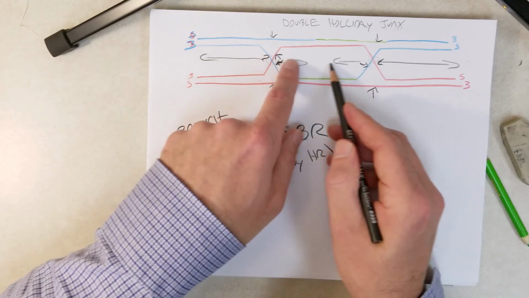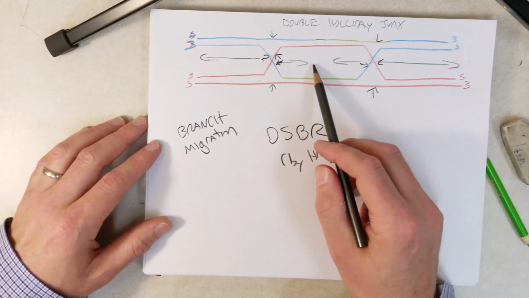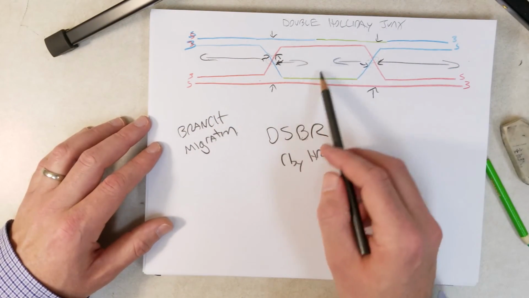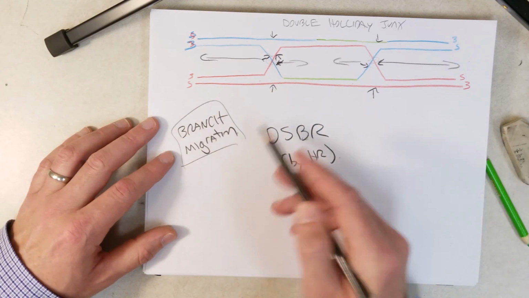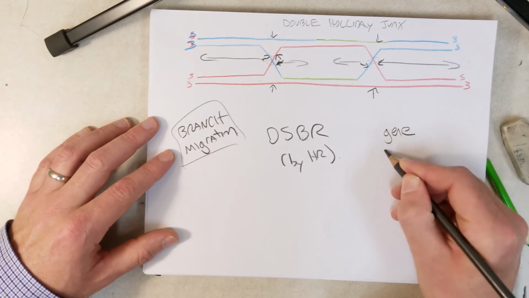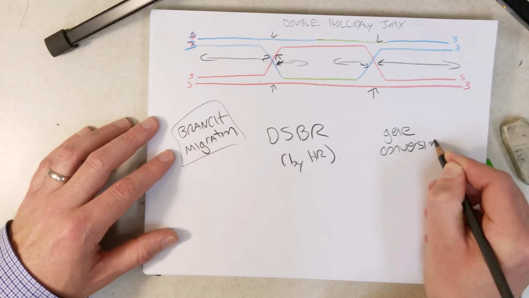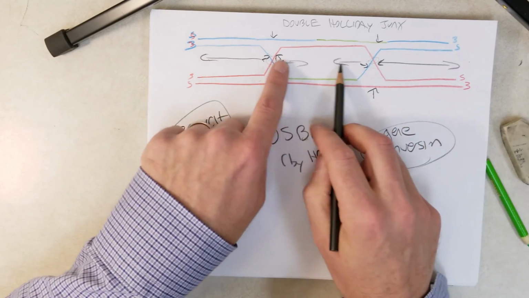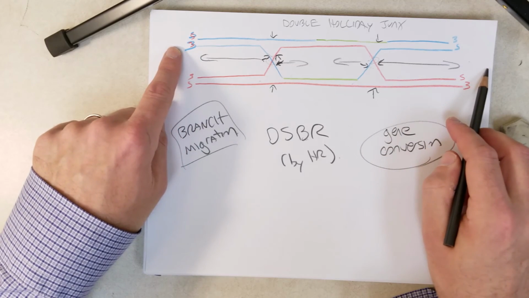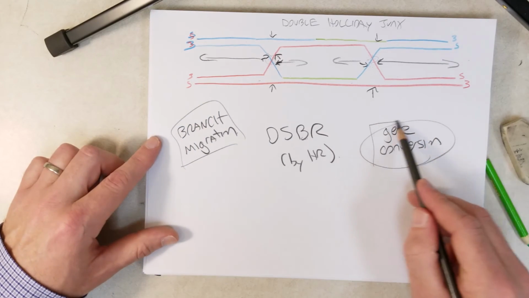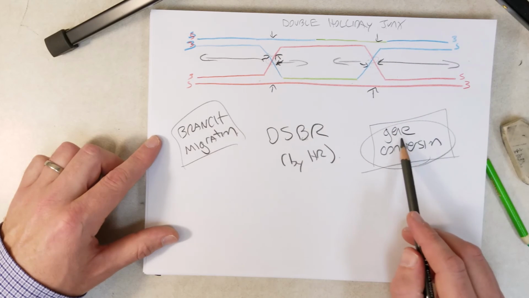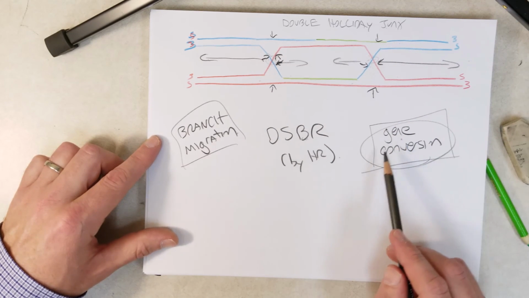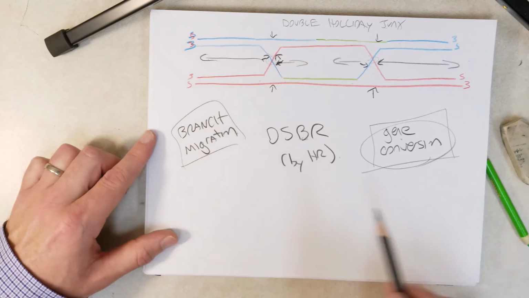They can't eventually merge and resolve the situation because they're still tangled a little bit, but the branches can move. And that's going to be important for this process called gene conversion. So the further apart the branches move from one another, the more these DNA sequences are affected by this process called gene conversion, which we're going to look at in the next video.